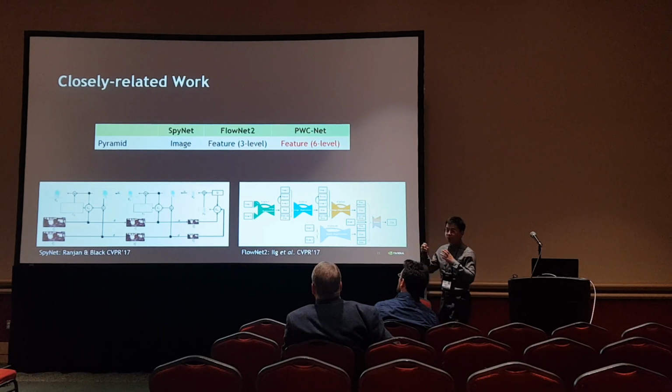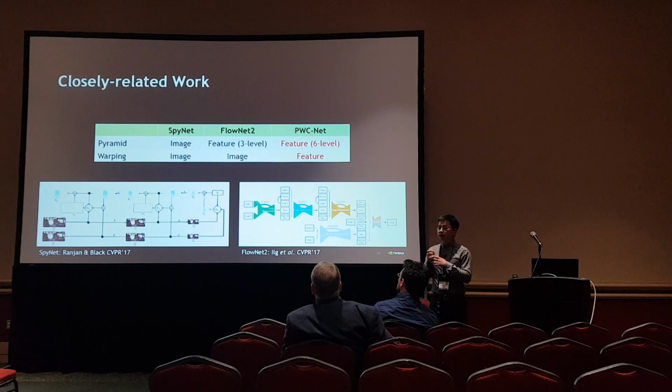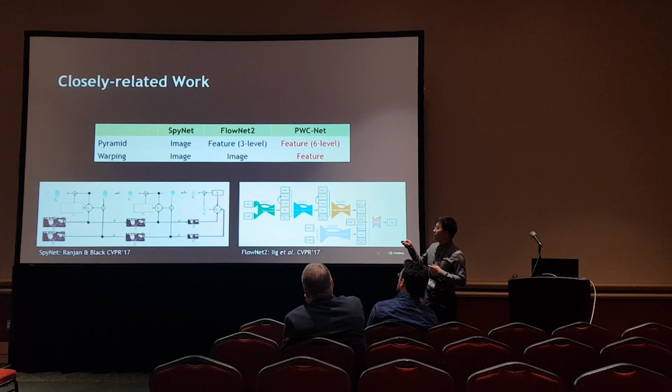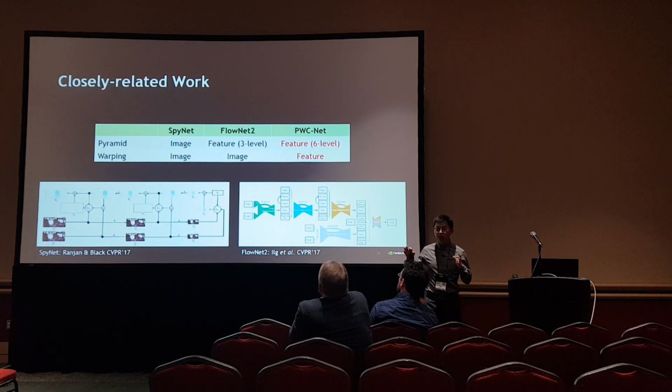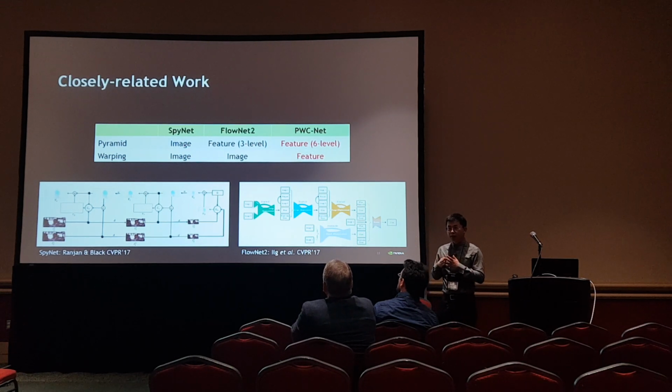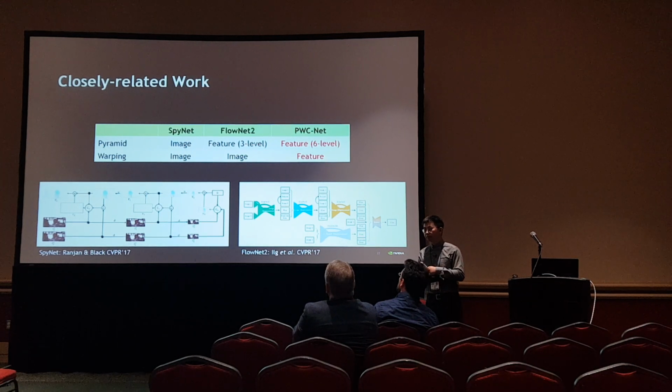But in PWC net, we build a 6-level, much deeper feature pyramid. And for the warping operation, SpyNet and FlowNet 2 apply it to the image. But PWC net applies it to the feature pyramid. And so the information can better propagate through the whole feature pyramid.